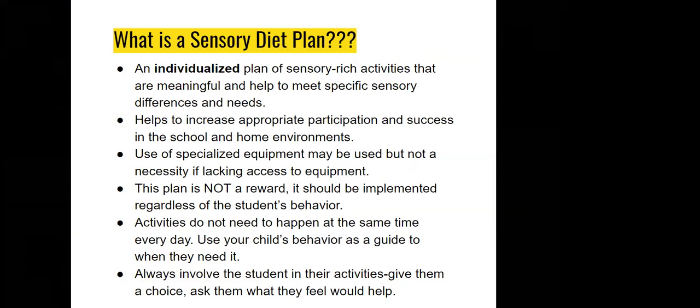Try to get your OT involved to help you fill out the sensory checklist forms, identify those needs, and then help with setting up a sensory diet plan. It's individualized, so I have that bolded, because we have to get the proper information in order to set up these plans.